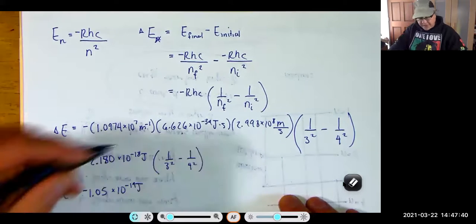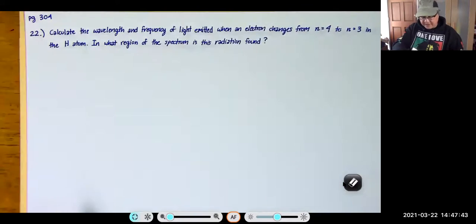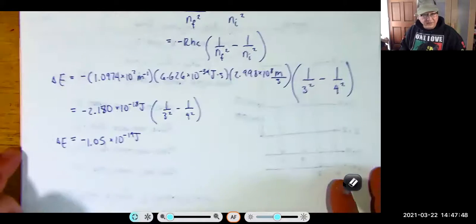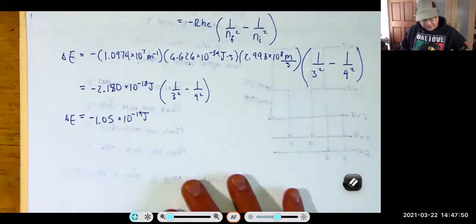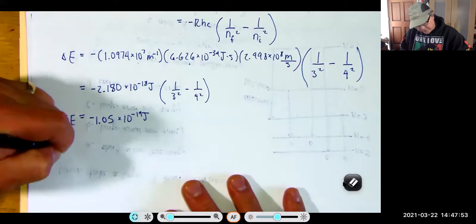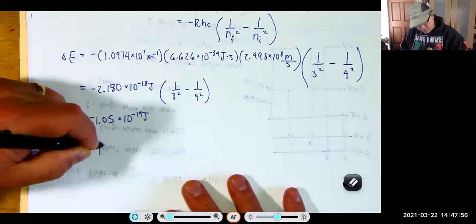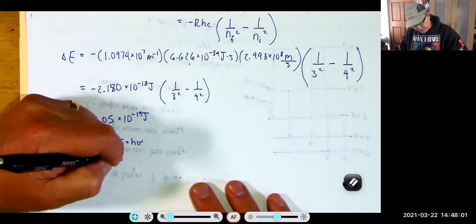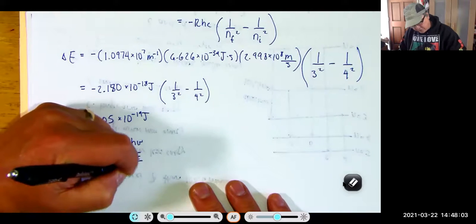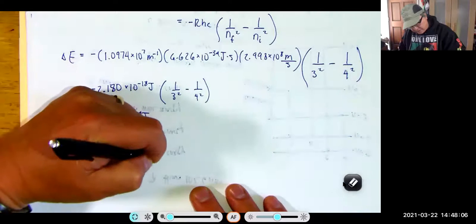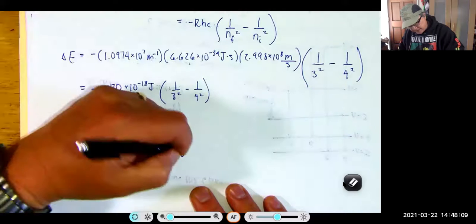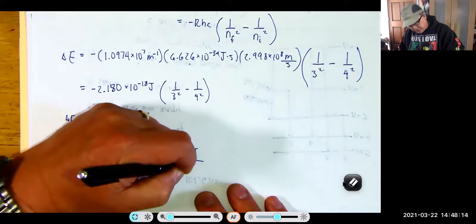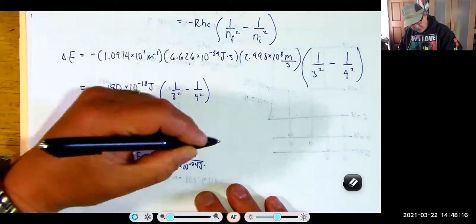Now, how do we use that number to calculate the wavelength and frequency? Well, here we go. Let's look at the frequency first because it's going to be easier. We're going to use E is equal to h nu. So the frequency is going to be E divided by h, which is negative 1.05 times 10 to the minus 19 joules over 6.626 times 10 to the minus 34 joule seconds.